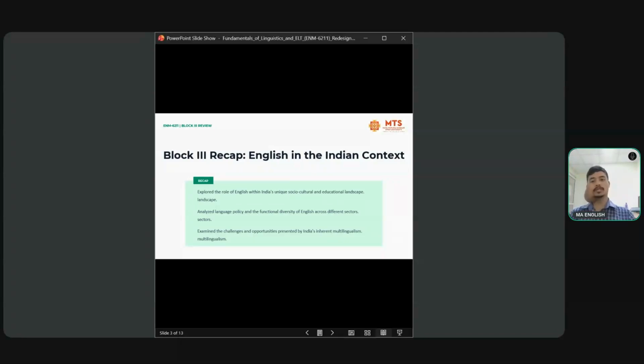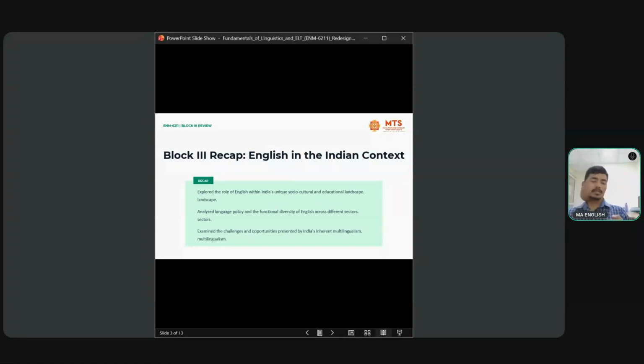So in block three, our central focus was the role of English within India's unique social, cultural, and educational landscape. And we also analyzed language policy, right? Meaning the decisions made by governments and institutions about which language to use and how.